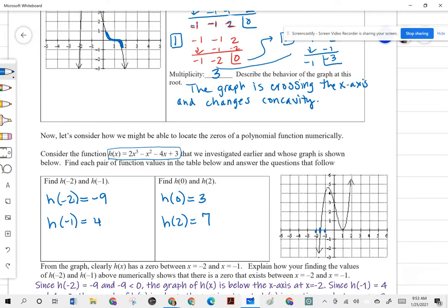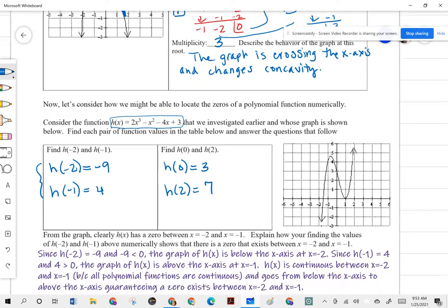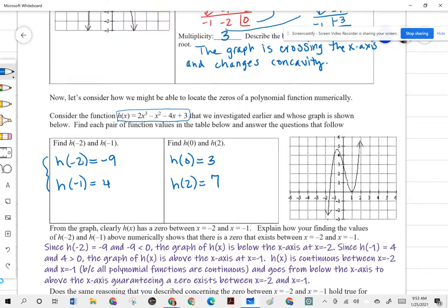We know that it crosses there, okay? Explain how finding the values of h of -2 and h of -1 above numerically shows that there is a 0 that exists between -2 and -1. Well, if you're going from negative to a positive, that alone is going to tell you that you're crossing the x-axis. So let's look at how we can write that.